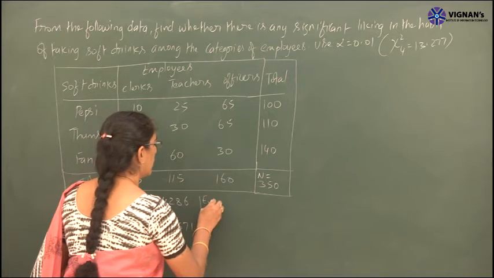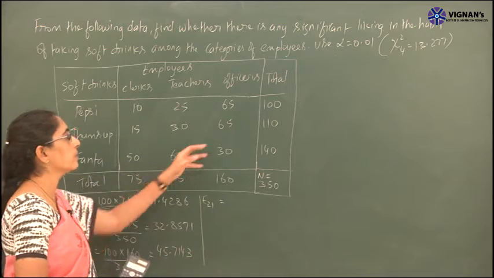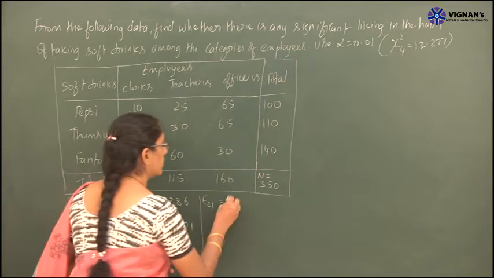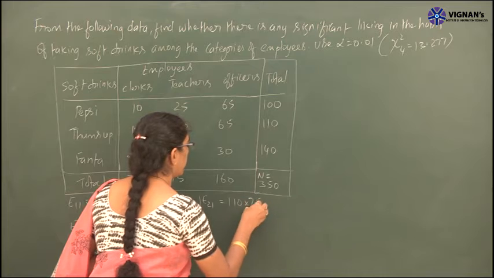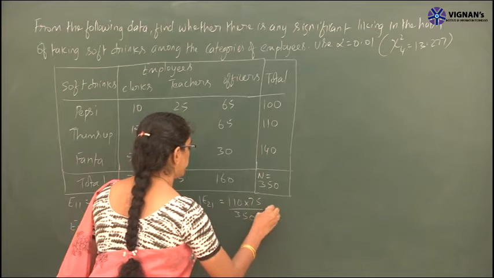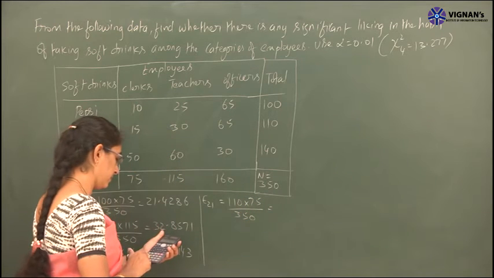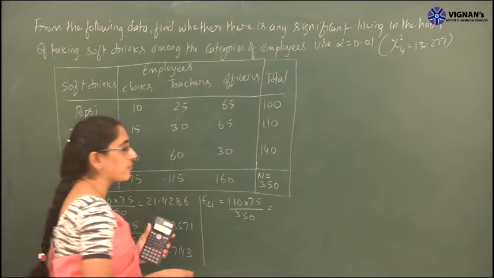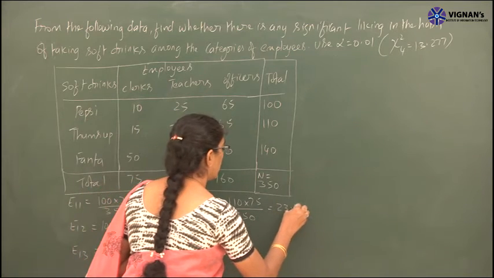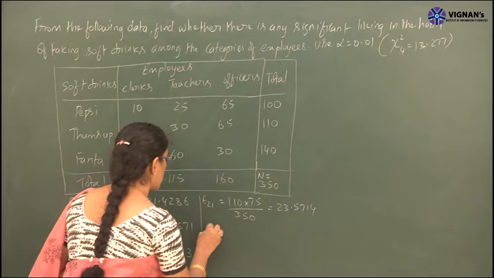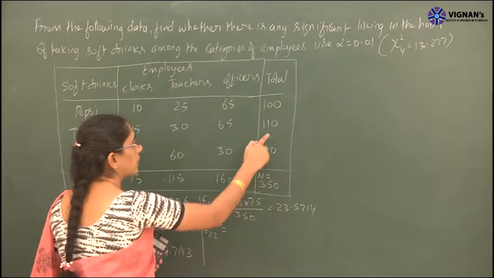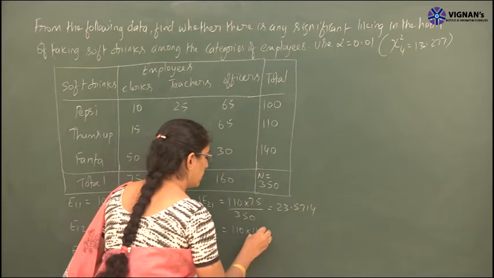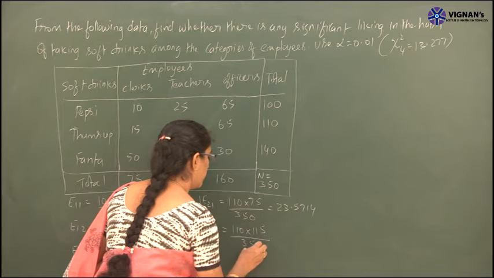Next, E21 is equal to 110 into 75 by 350. So this is equal to 23.5714. Next, E22 is equal to 110 into 115 by 350.